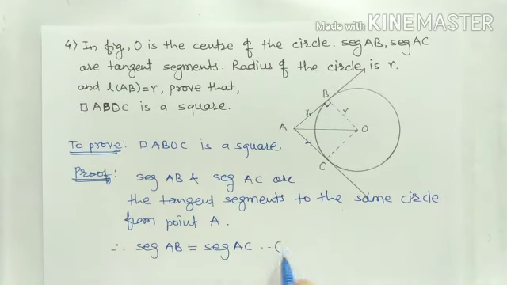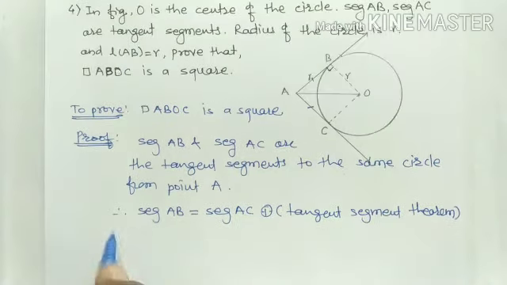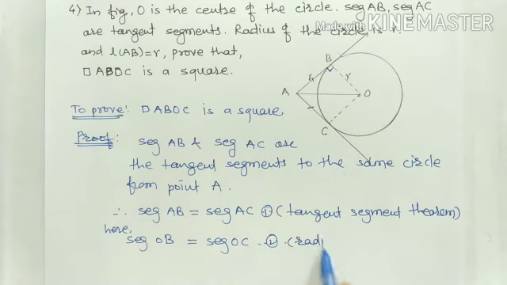Congruent लेता येईल. Tangent segment theorem. Idea number 1. Here seg OB equals seg OC. Why? Radii of the same circle.